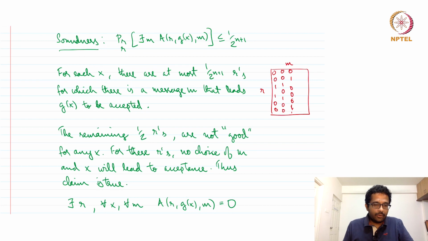The best possible case is that all the rows are spread out and there are 2 power n multiplied by 2 power n divided by 2 power n plus 1 rows that will be good for some x, which is at most half the rows. Which means there are at least half the rows which will not be good for any x.